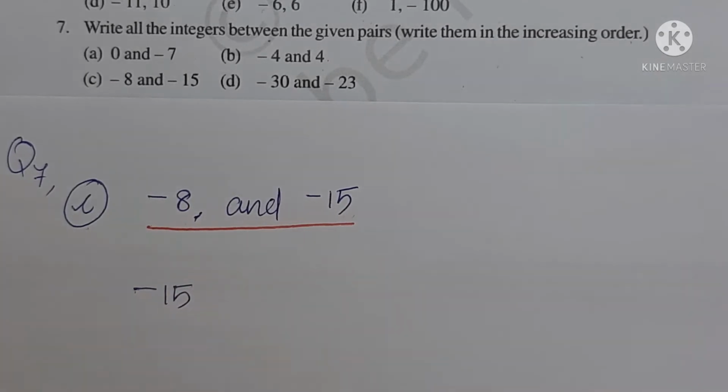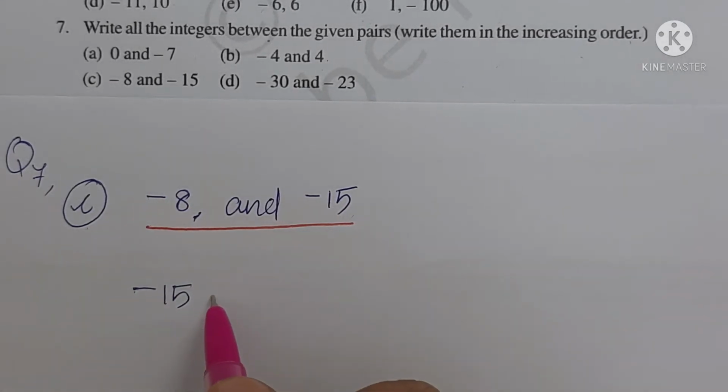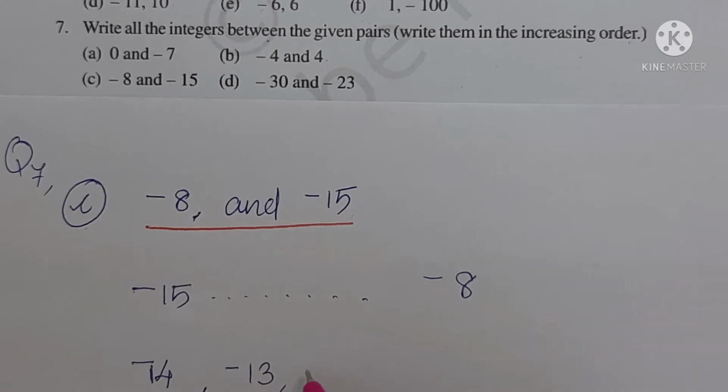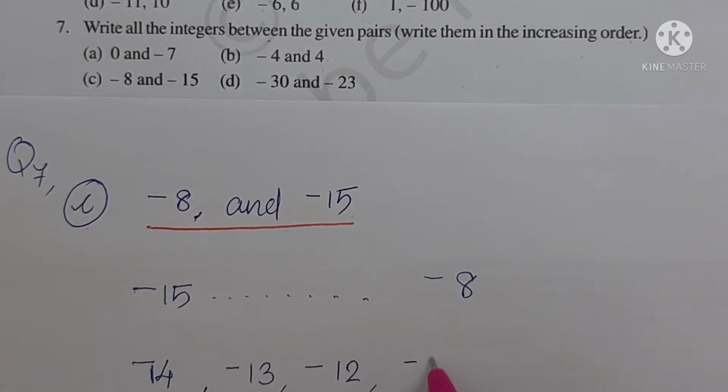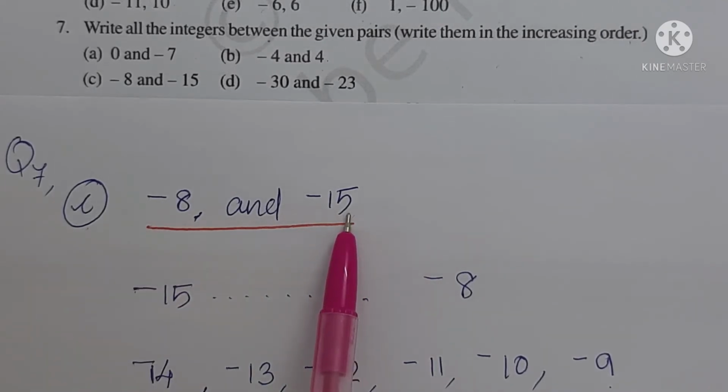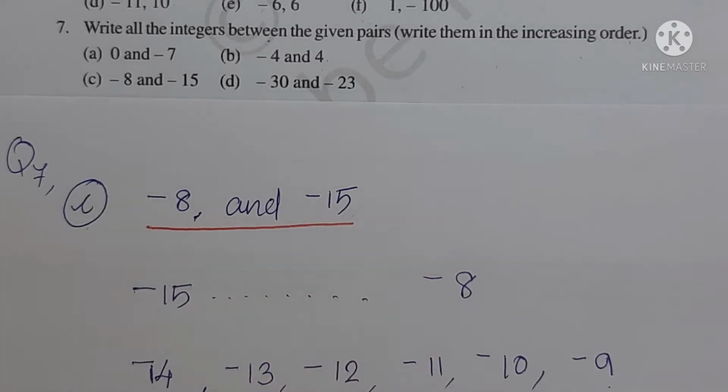We can find the between numbers in between minus 15 and minus 8. The answer is minus 14, minus 13, minus 12, minus 11, minus 10, minus 9. These are the between numbers in between minus 15 and minus 8.